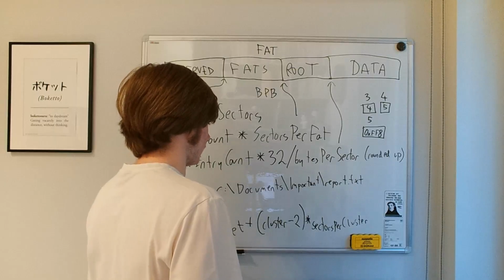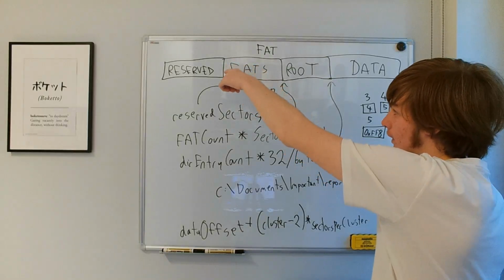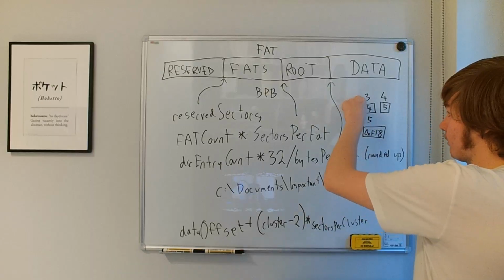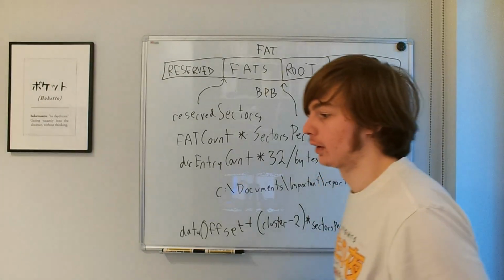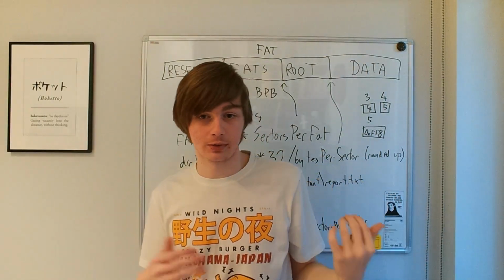And once you've done that, if you want to read the next cluster, you check the index in the file allocation table that is your cluster. So for example, row 3, you check what is in row 3, and each entry is 12 bits, or 16 bits, and so on.